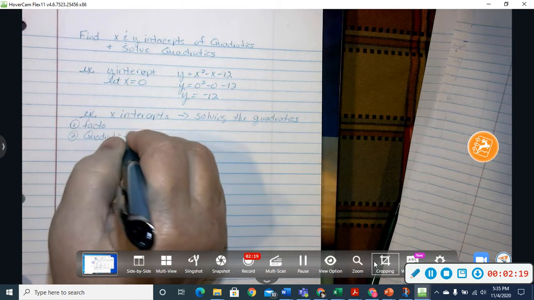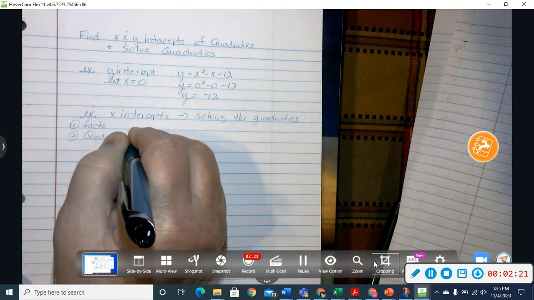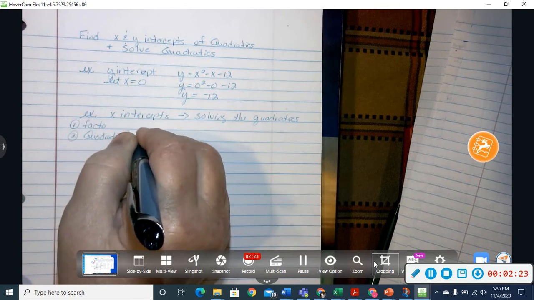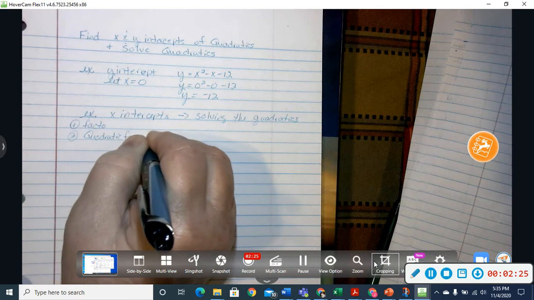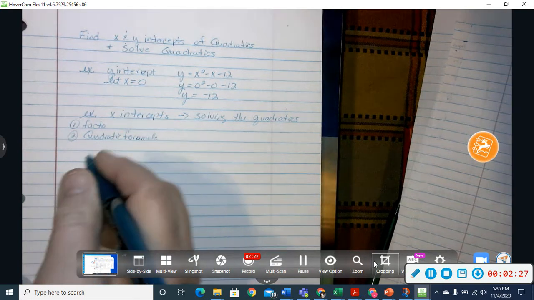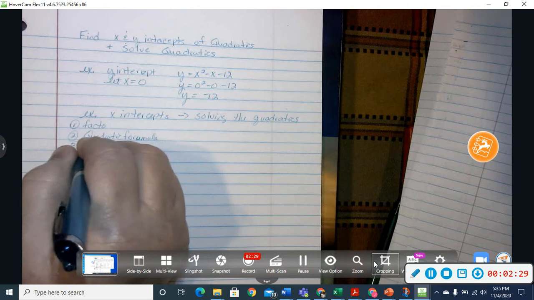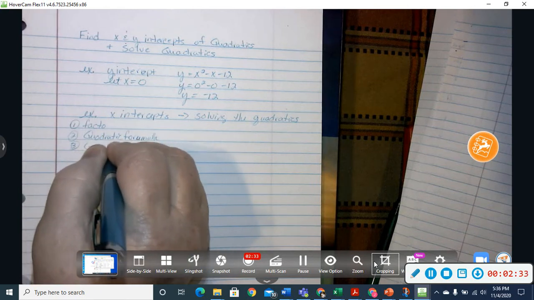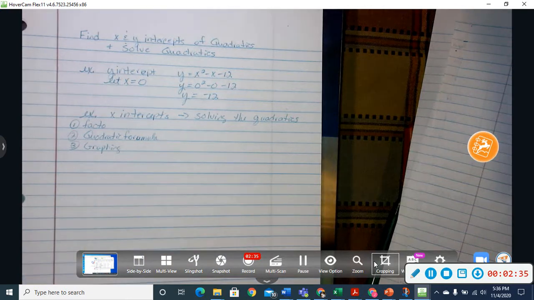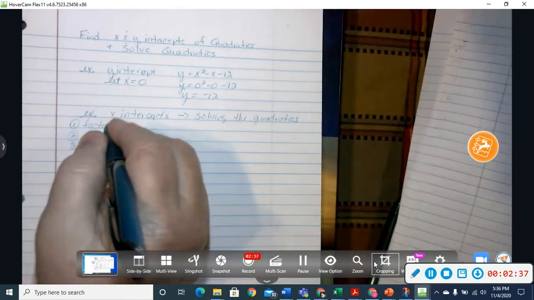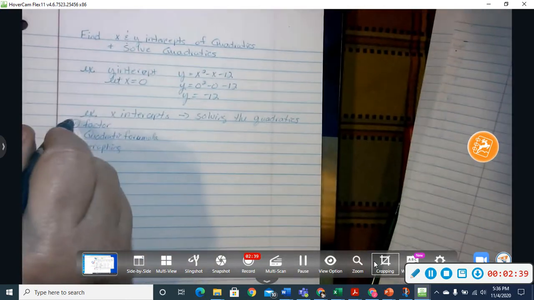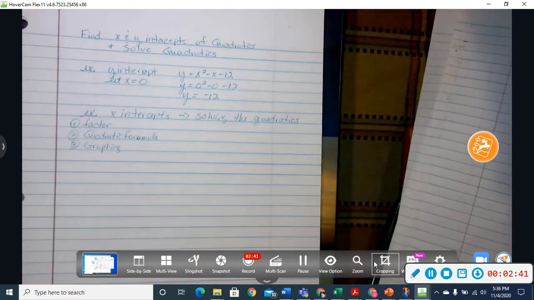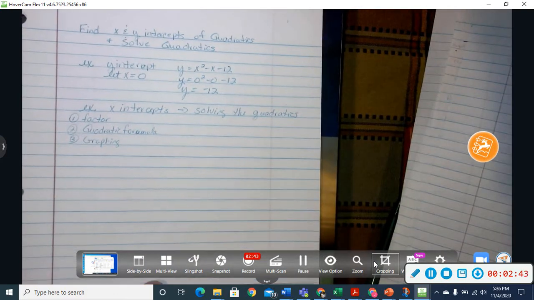You can use completing the square. There are some other techniques as well, but we're going to look at the two basic ones, factoring and the quadratic formula, in terms of what I'm going to show you today.